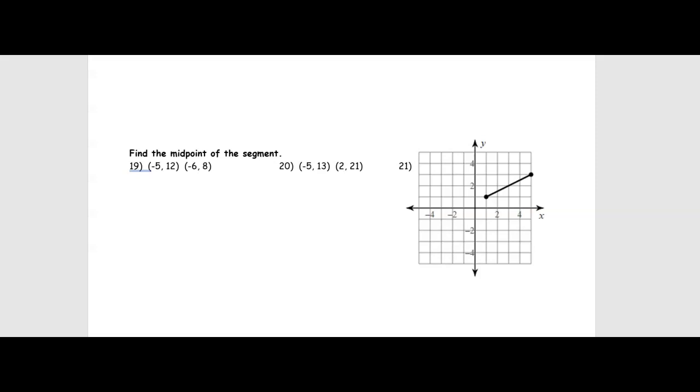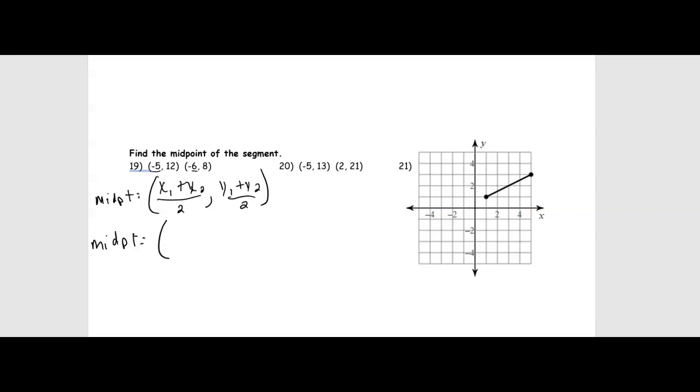So midpoint. The way we found our midpoint, we really just average together both the x and the y. So here's the general midpoint formula. You want to add up the x's, divide by 2, and then add up the y coordinates and divide by 2. So for the midpoint of this one, we're going to add up the x values.